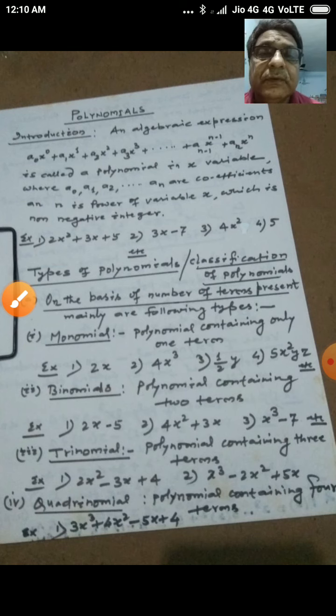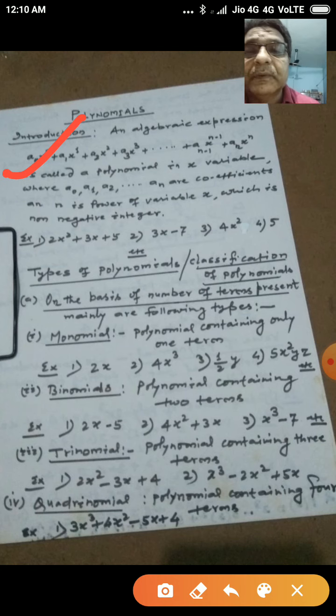Now you are just thinking what this long algebraic expression is and how these examples are taken. Actually, what happens, a0, a1, a2, etc., up to the last an, these are actually coefficients.